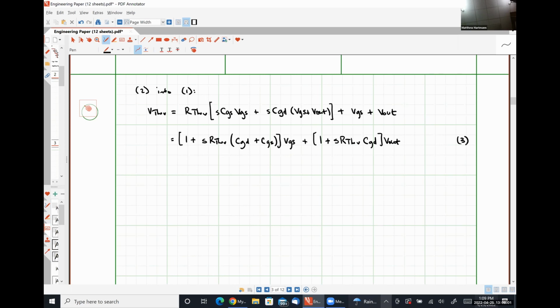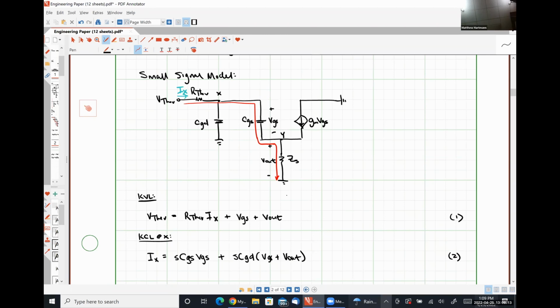All right. So I'm going to scroll back up. We're about to apply KCL at node Y. How I'm going to do this is the current flowing in is equal to the current flowing out.